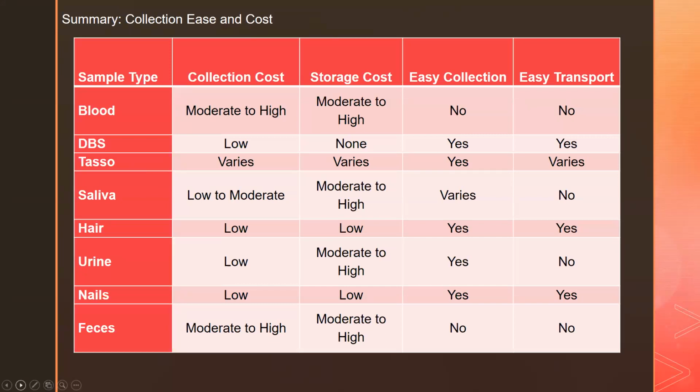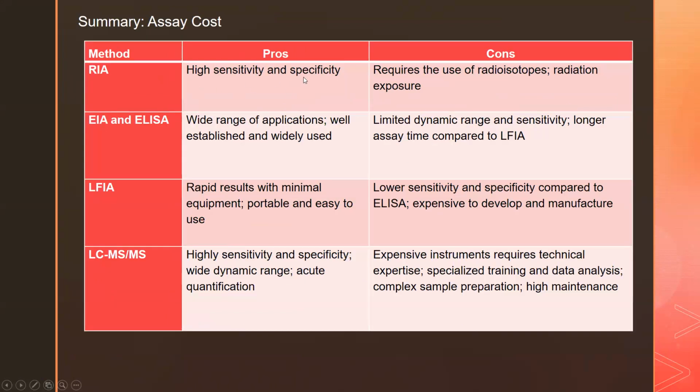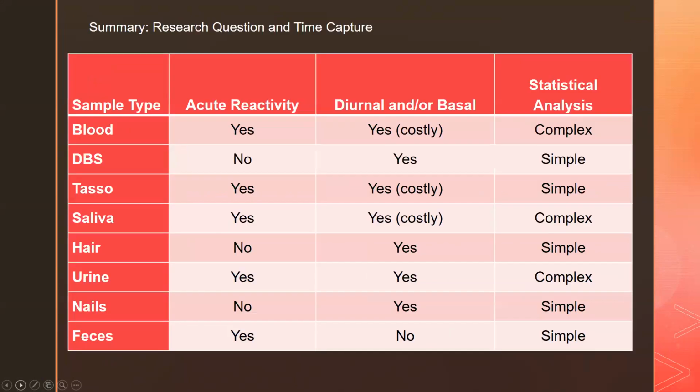Okay. And so we're pretty much going to finish up, but at the end of your slides, I just wanted to put a nice rundown, again, this is at the beginning, of collection costs, storage costs, ease of collection and transportation, the different methods that you should consider when things are being assayed, as well as whether or not you can get acute reactivity, diurnal or basal, as well as how complex that statistical analysis is.